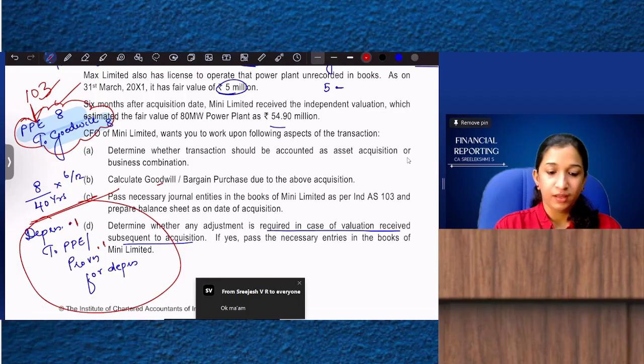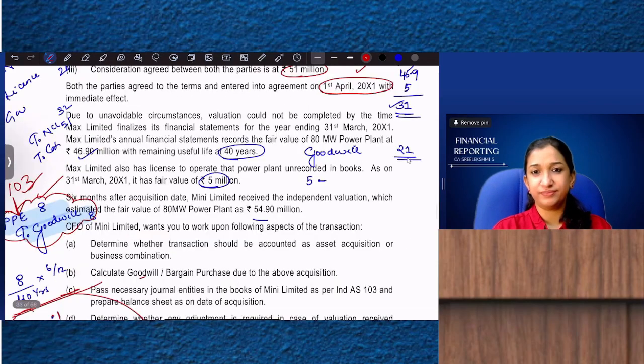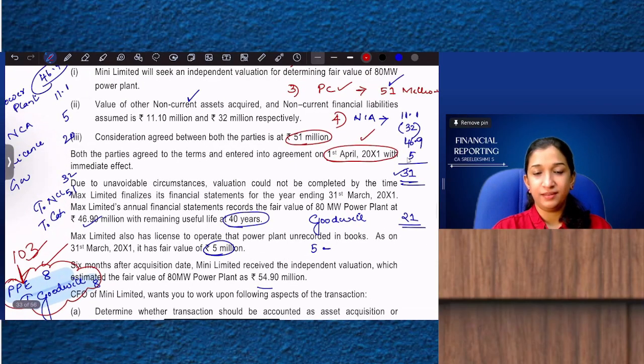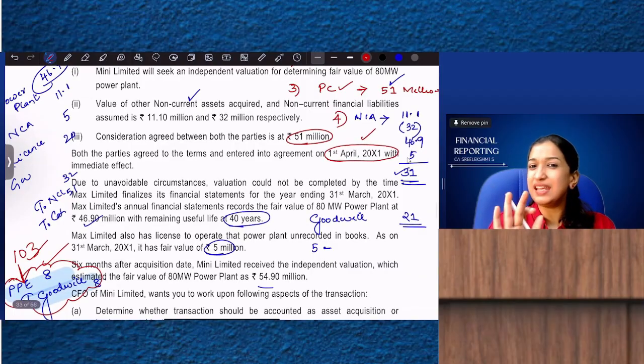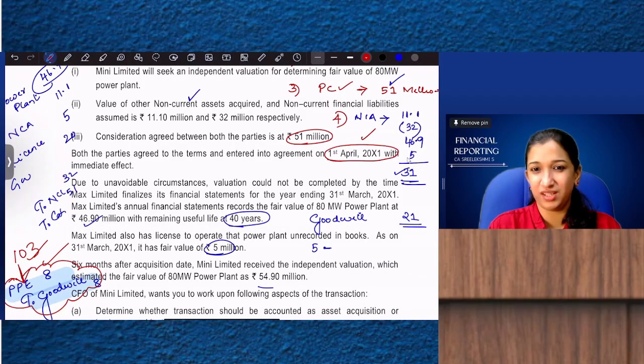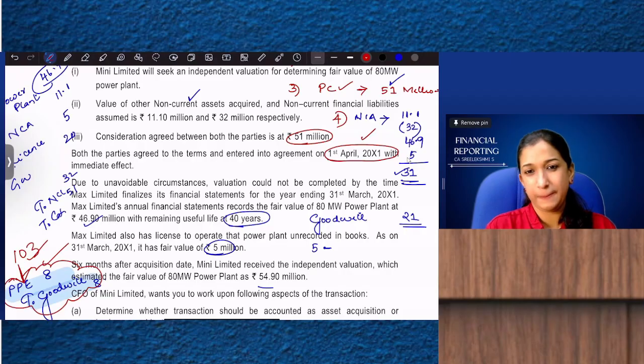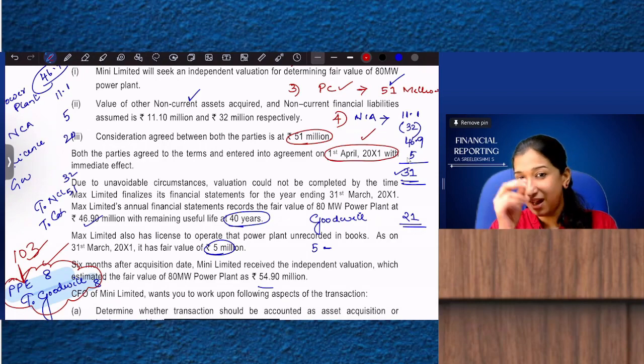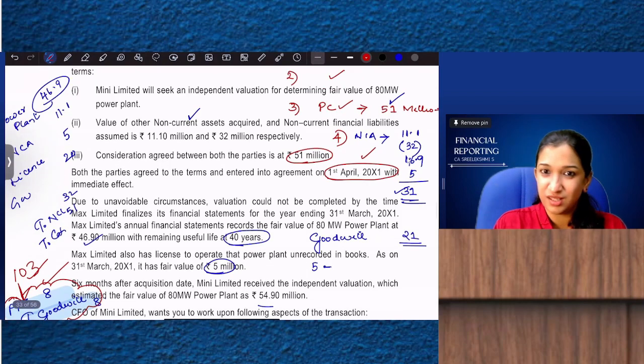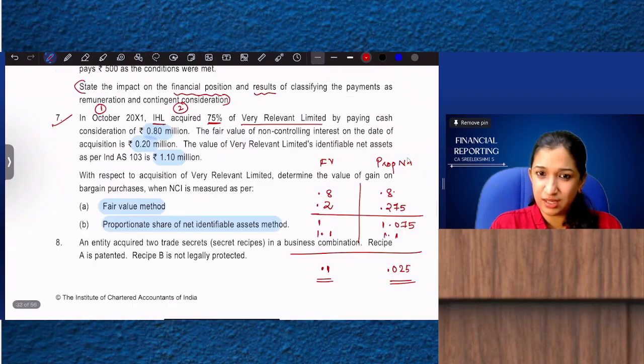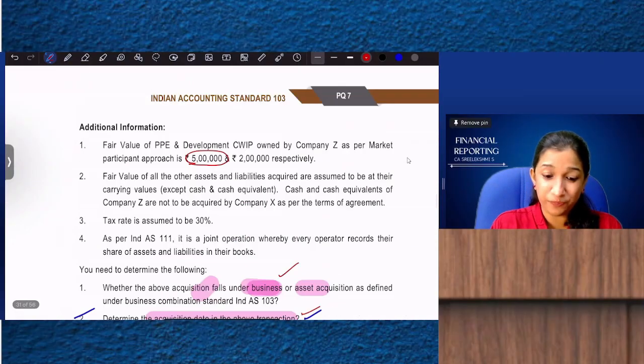Okay. So that's it. So anything else, any area from business combination we need to discuss? You might have gone through yesterday. So is there any area to be discussed? Additional adjustments? Additional areas do we need to go through?